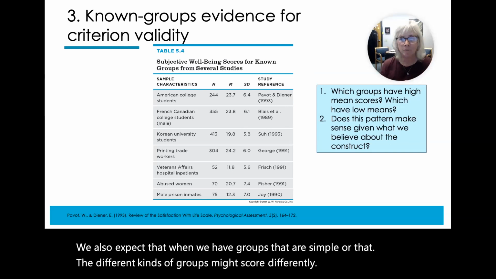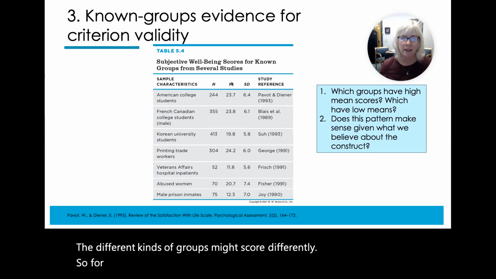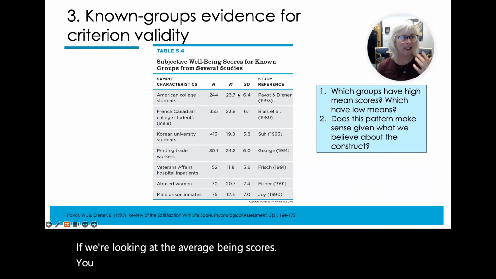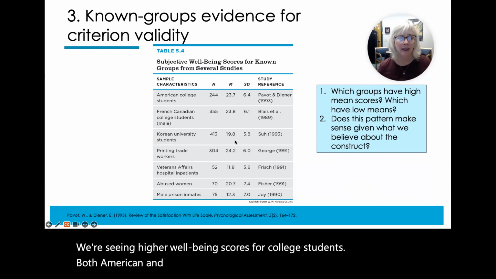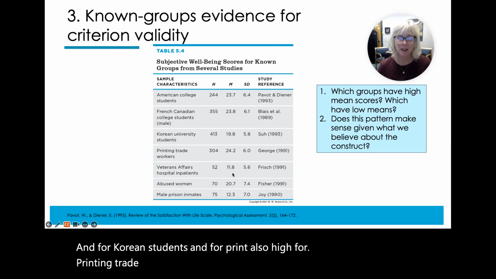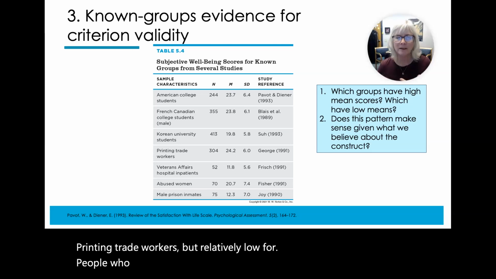So for example, if we're looking at the average well-being scores, we're seeing higher well-being scores for college students, both American and French, and for Korean students, and also high for printing trade workers, but relatively low for people who are hospitalized at the Veterans Affairs Hospital.